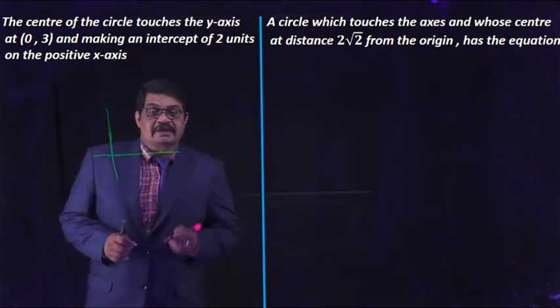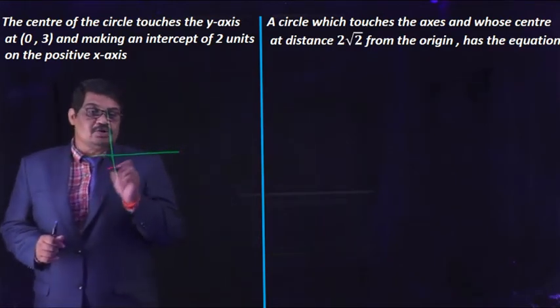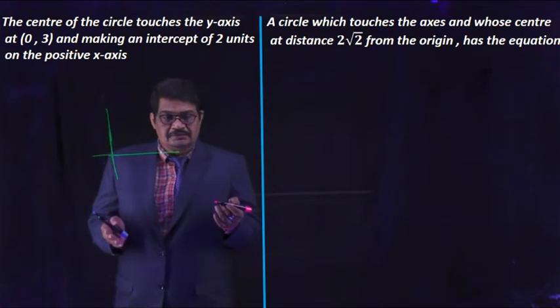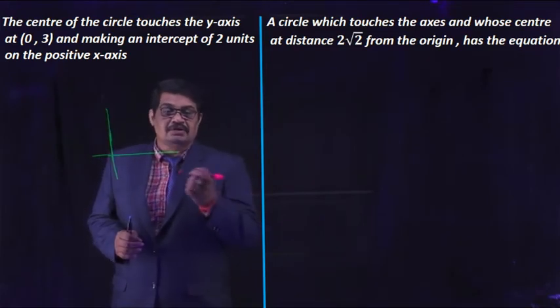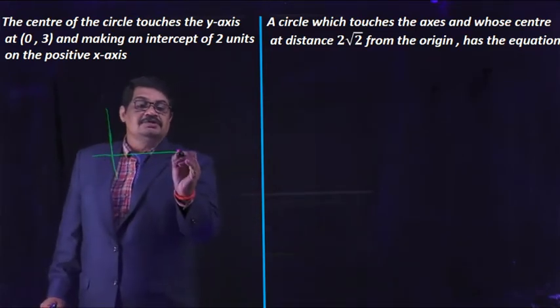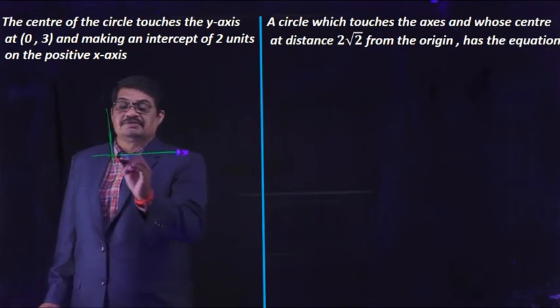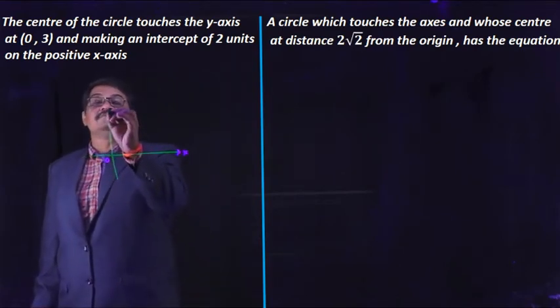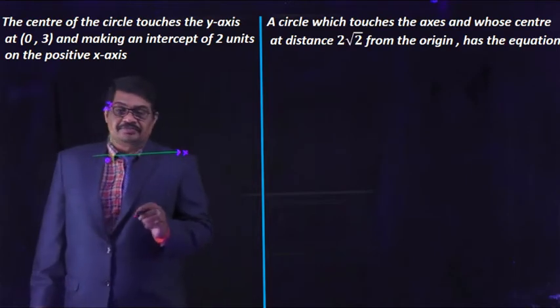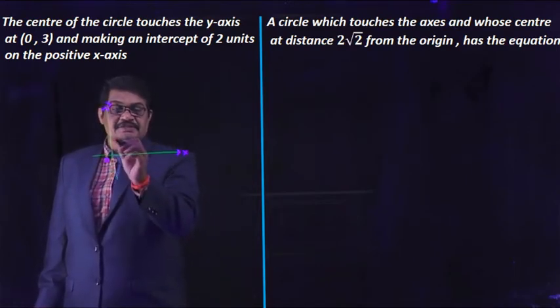The required circle touches the y-axis at (0, 3) and makes an intercept of 2 units on the positive x-axis. This is the positive x-axis. This is the origin. This is the y-axis. The required circle touches the y-axis.